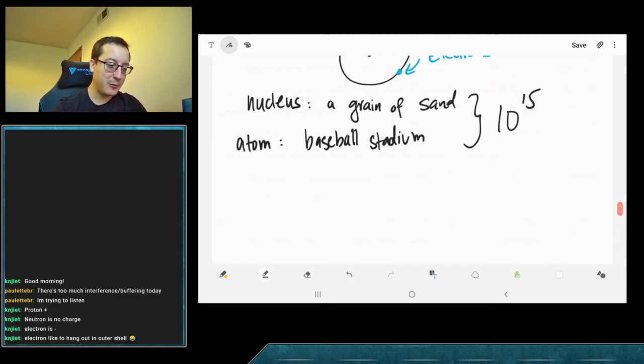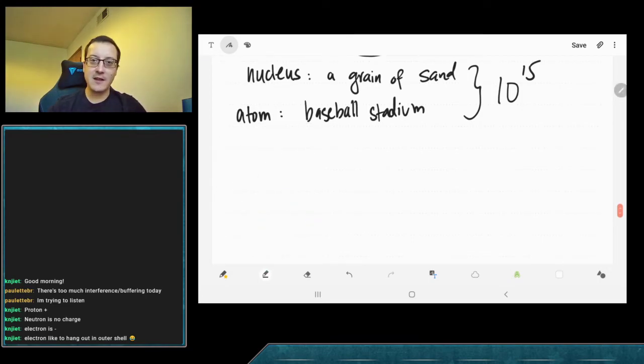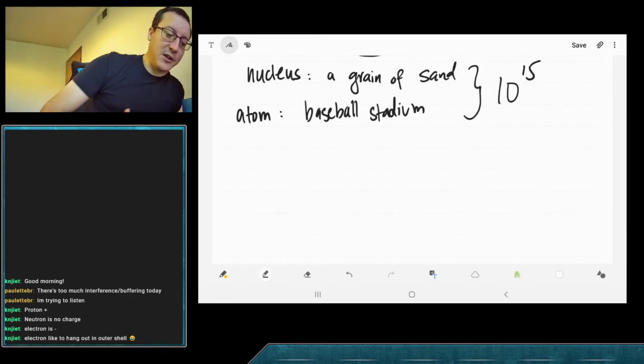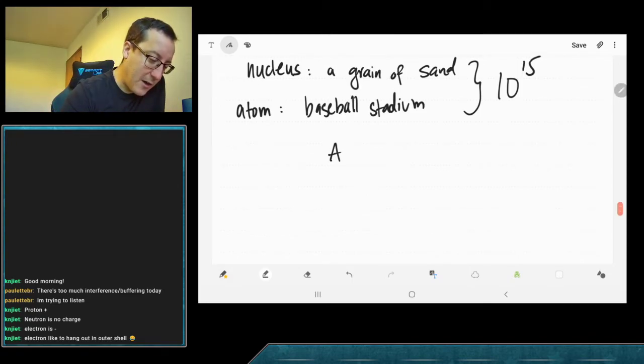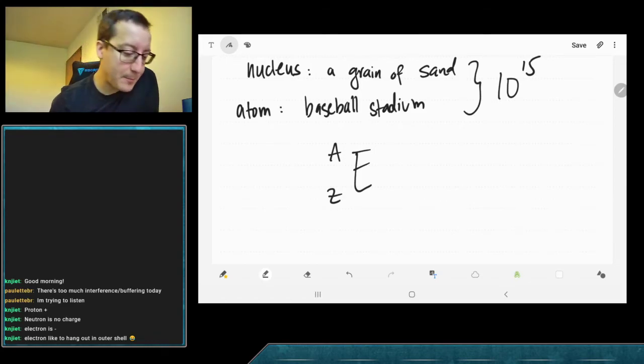So, with regard to these protons, neutrons, and electrons, we talk about them in different ways. I'm going to describe how we very often talk about different atoms.